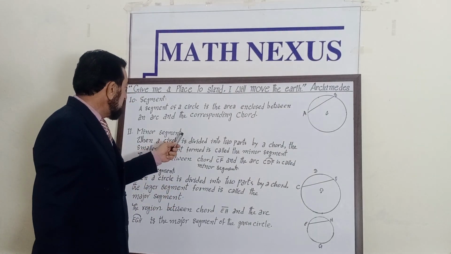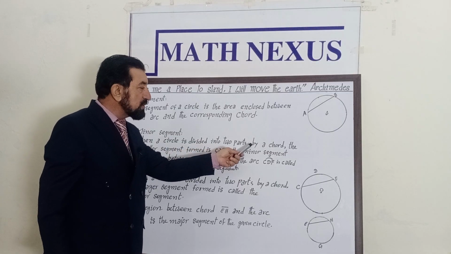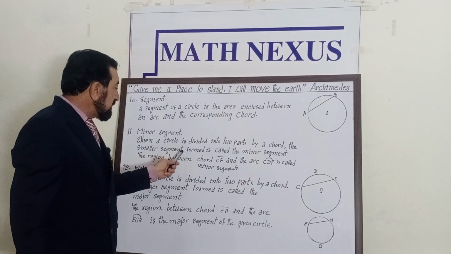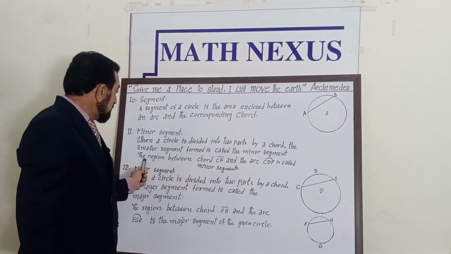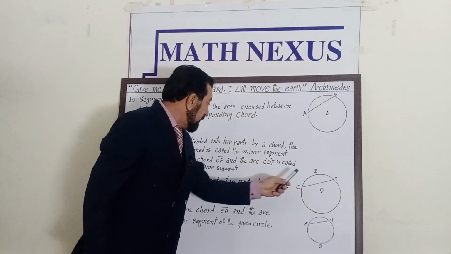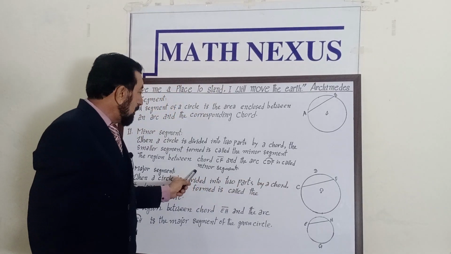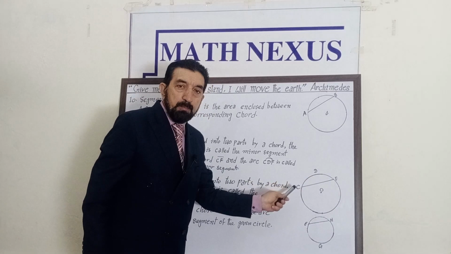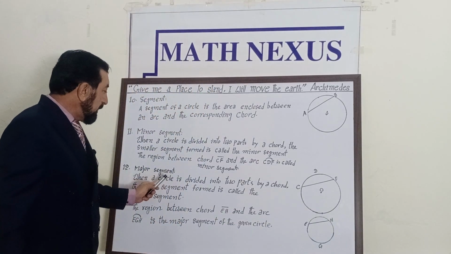What is minor segment? When a circle is divided into two parts by a chord, the smaller segment formed is called the minor segment. The region between chord CF and the arc CDF is called minor segment. This area is called minor segment. And what is major segment?